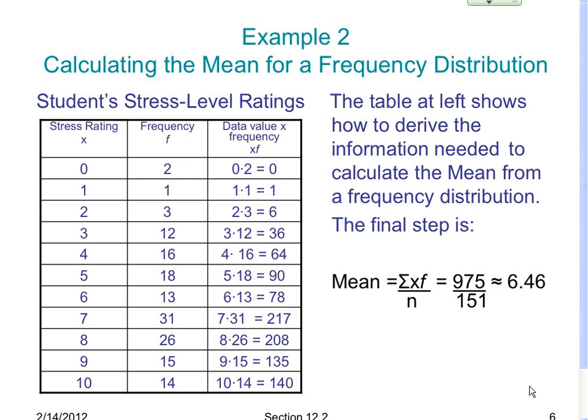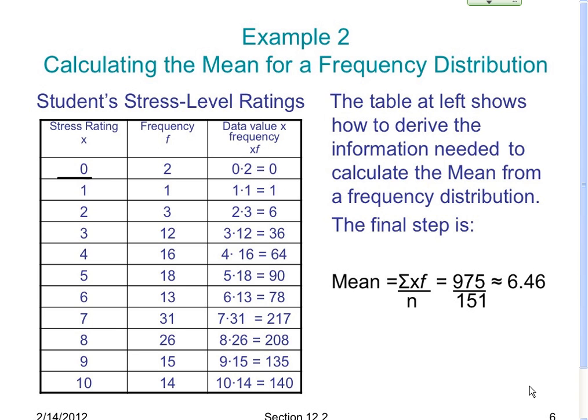But what actually is here is 2 zeros. So I actually have a 0 and another 0. This means I only have 1 one, but this means I have 3 twos. So 2, 2, 2. When you're actually adding these numbers up, be careful what you add up.